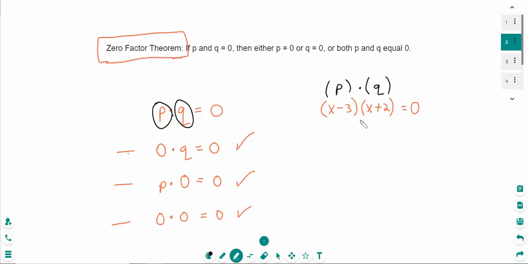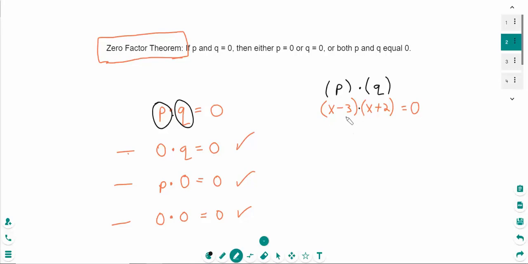But what that would indicate is that either this x minus 3, if I knew what x was and could plug that in, whatever this sum is, it would have to possibly be 0. Either this sum has to equal 0, or this sum has to be 0, right? Because I'm trying to get to a 0 when I multiply these two together.